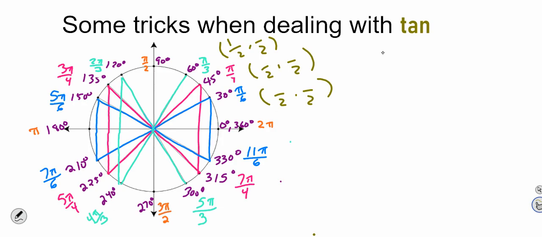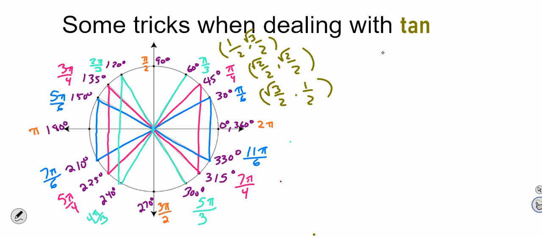Then we work our way down, 1, 2, 3, and then we work our way back up, 1, 2, 3. And then we remember, wait, shouldn't there be some square roots? We don't put our square roots on 1 because the square root of 1 is 1. We put our square roots on 2 and 3. Okay, not bad. We can memorize that.